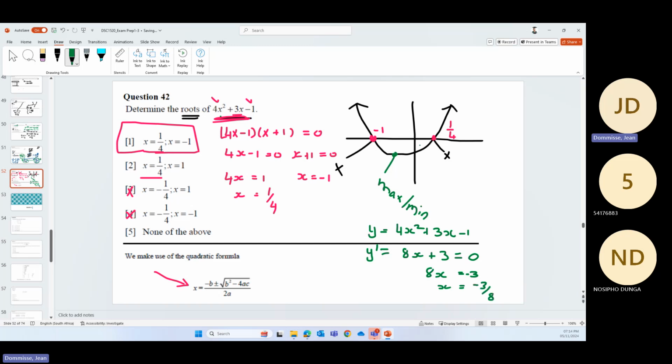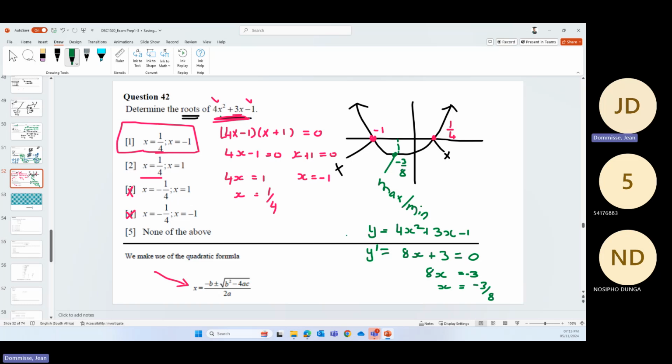Somewhere here it would have been minus 3 over 8. You can probably see there's minus 1, so it will be between minus 1 and a quarter. So minus 3/8 probably looks right.